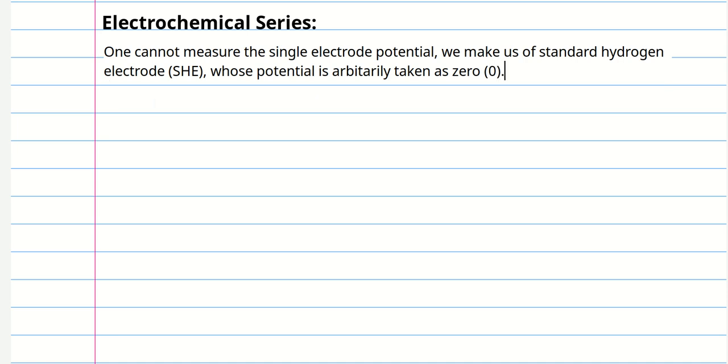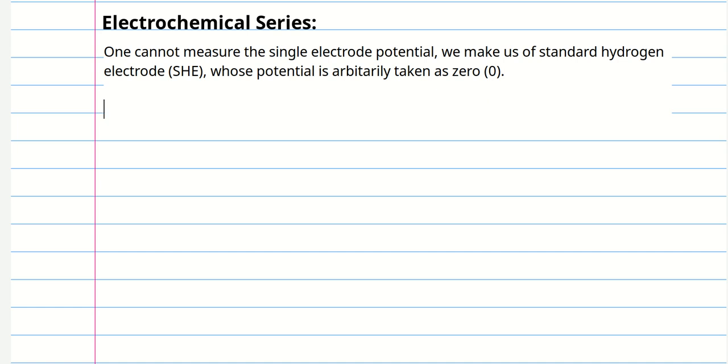So let's say, for example, we need to determine the electrode potential of a copper electrode, a copper rod dipped in a copper sulfate solution. We combine it with SHE and measure the EMF of the cell.